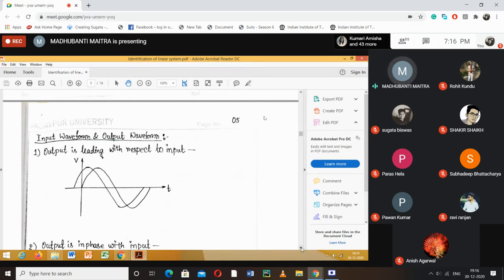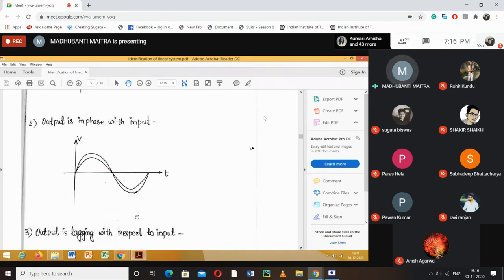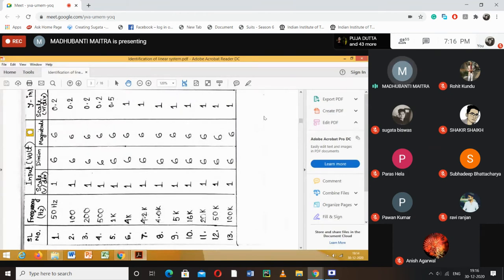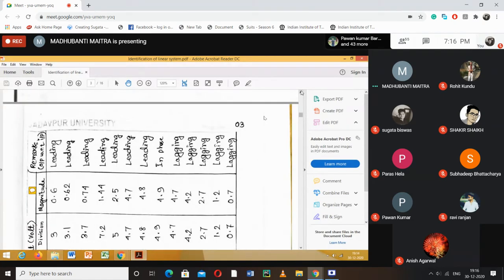At a certain frequency, at 4.4 kilohertz, we'll find that both the signals are in phase.